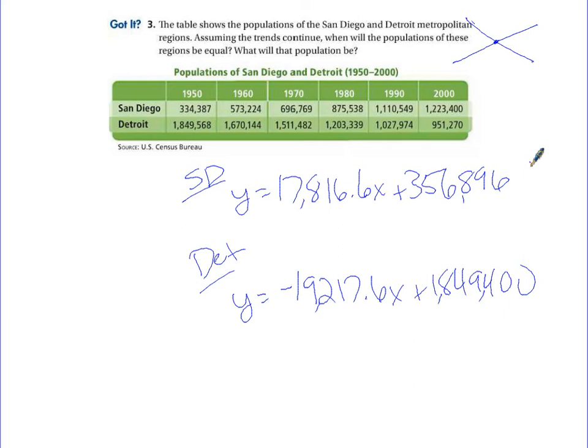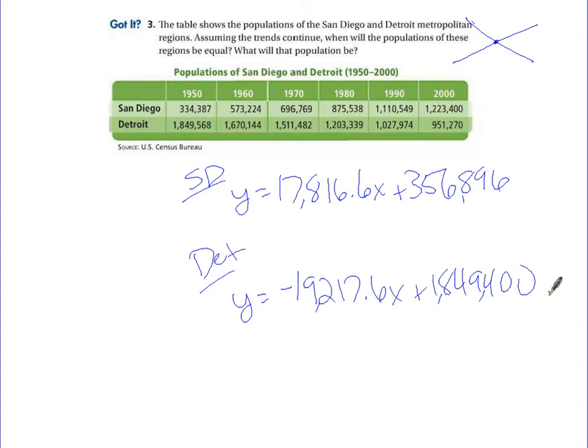Year 0, according to our equation, but according to the actual problem, year 1950, according to our equation, the population of San Diego was 356,896. Is that true? No. We know that the population in 1950 of San Diego was 334,387. But we are generating a line of best fit, and that's why our y-intercept does not match the data that we're given.